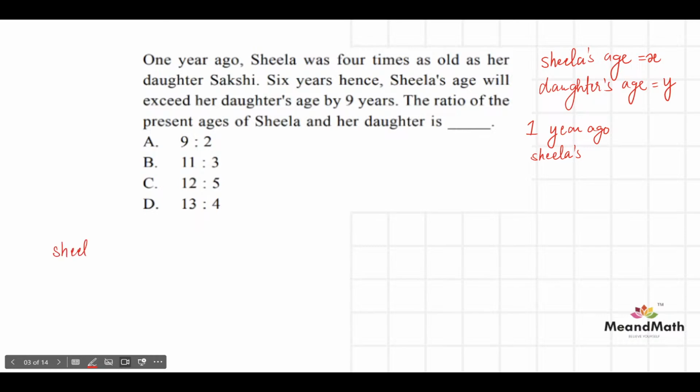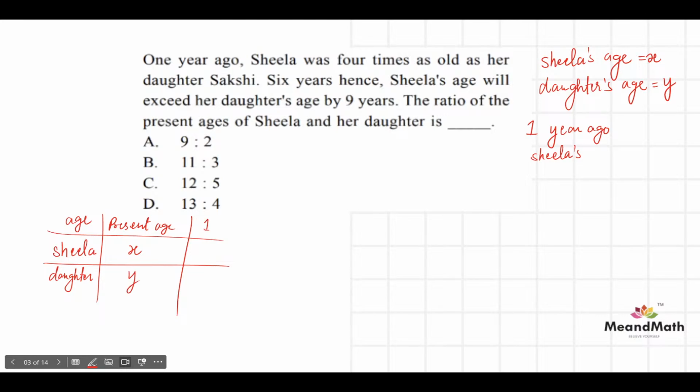We are going to be talking about ages, so this is the age column, Sheila and daughter. This is their present age, X and Y. 1 year ago it will be X minus 1 and Y minus 1, right?